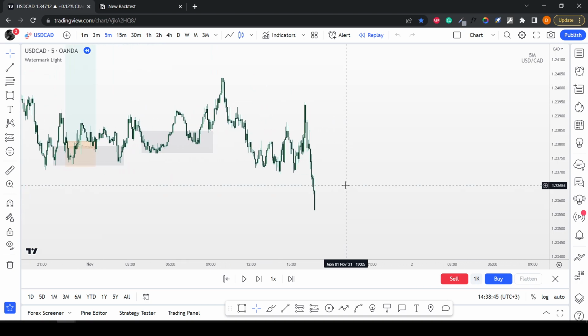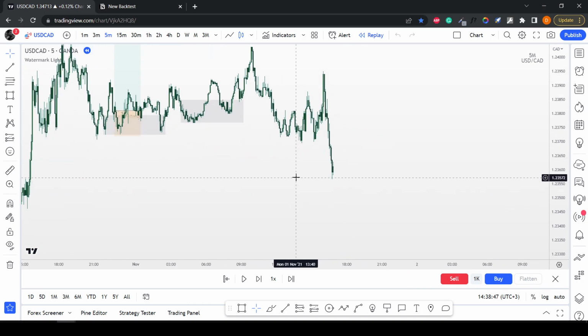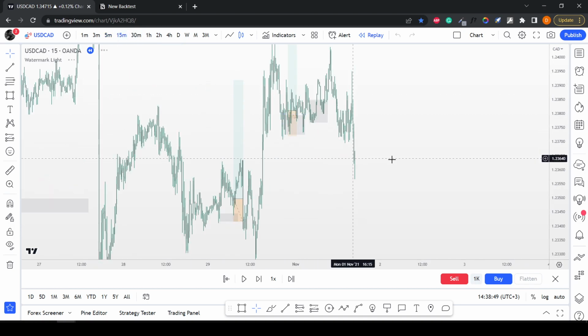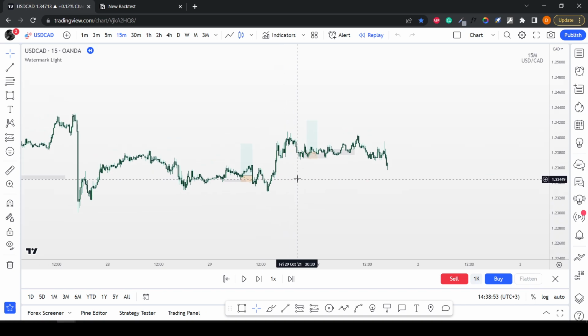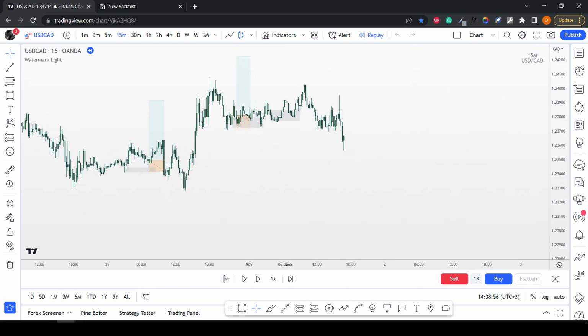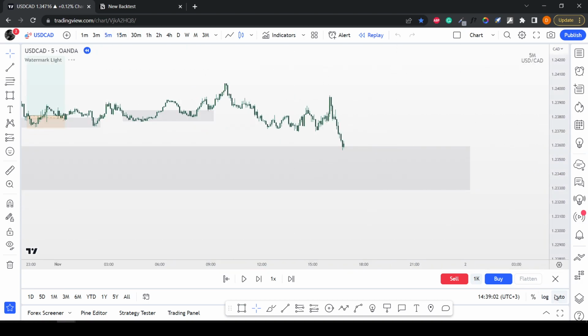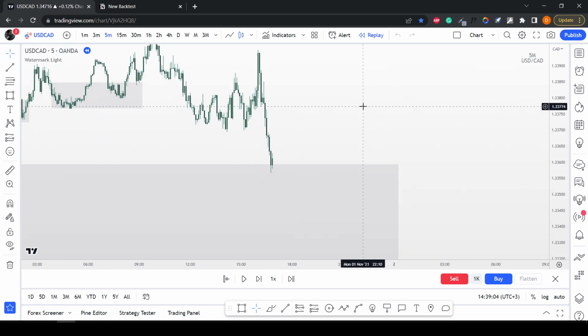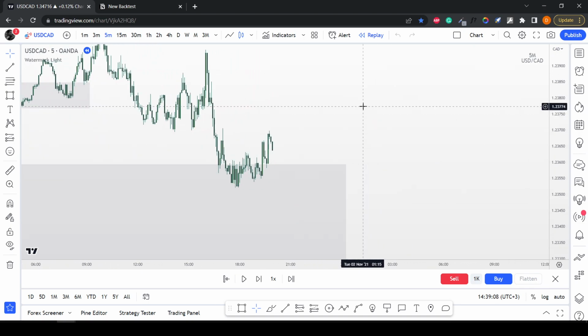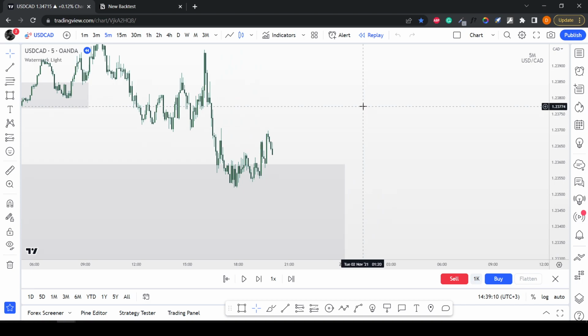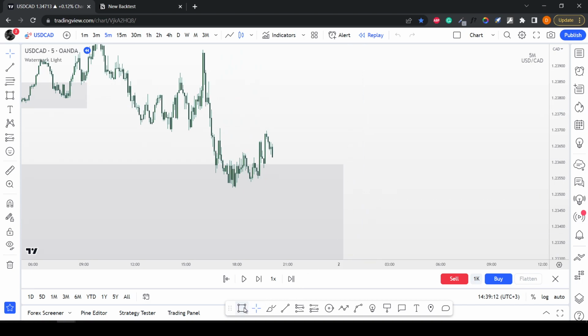And from here, since we are holding this 15-minute, 30-minute range, and mitigating these parts here, I'm good to go and find something for myself on 5 minutes. Would it be inside structure? Would it be a real structure, but not fractal? Something like this is good enough for the first try.